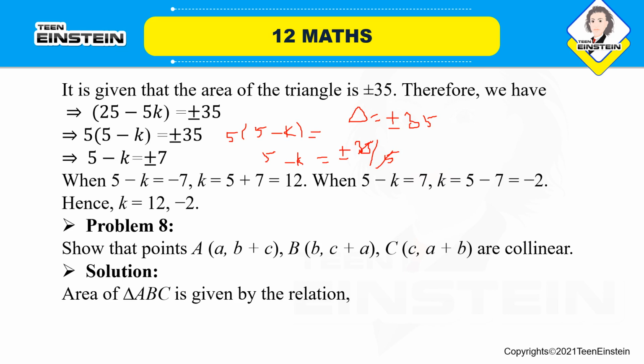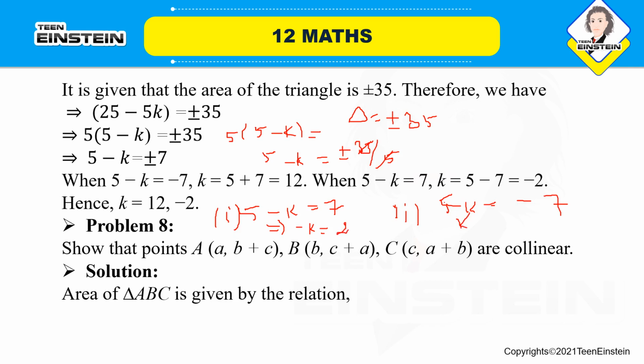Okay, so we have two cases. One is 5 minus k equal to plus 7. This is case 1. And case 2 is 5 minus k is minus 7. Okay, so from this minus k is equal to 7 minus 5, it is 2.